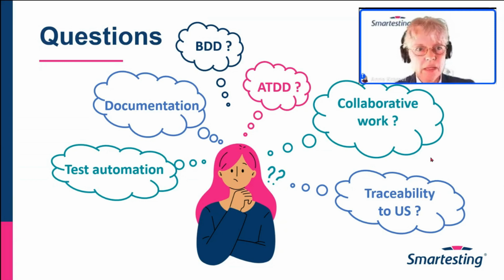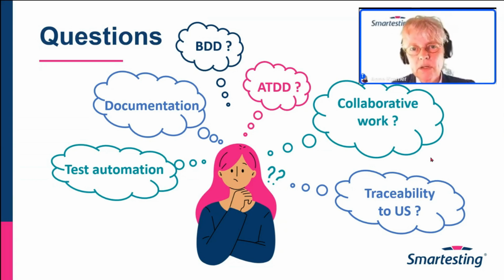But is BDD the approach I should choose? And is it good for all testing levels? So that's something we can question ourselves on. Do we really collaborate? And how can we improve this?